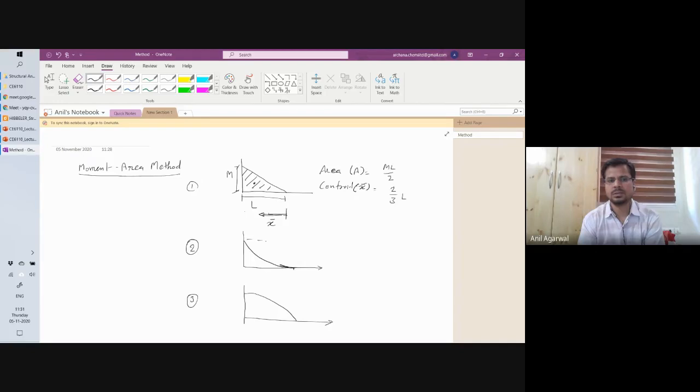If you imagine this rectangle, one time I'm drawing the concave side of it, the other time I'm taking the convex side of it. Both of them are parabolic. Quadratic.